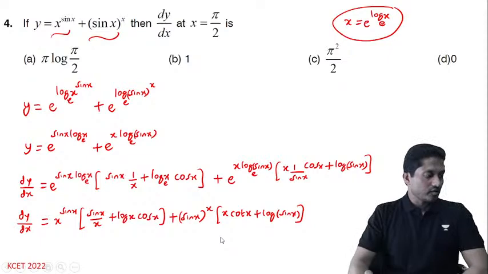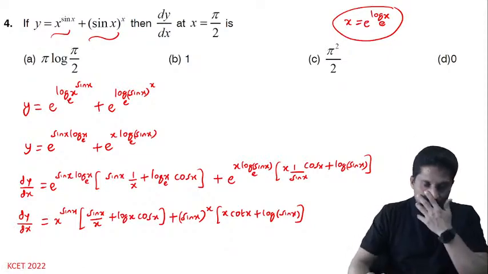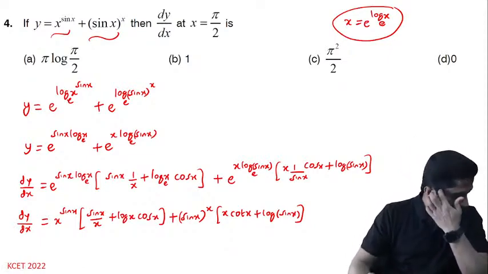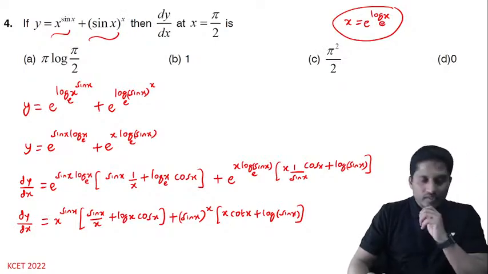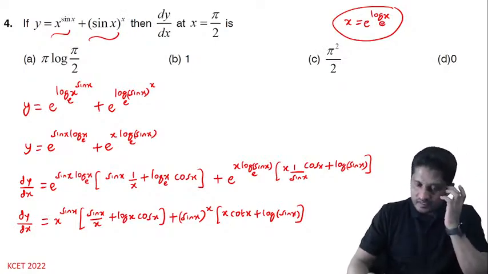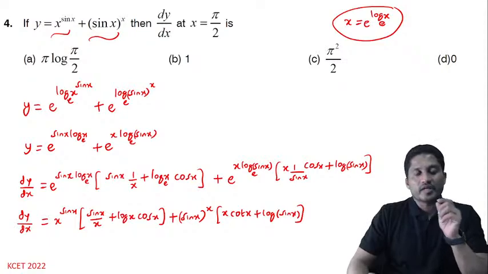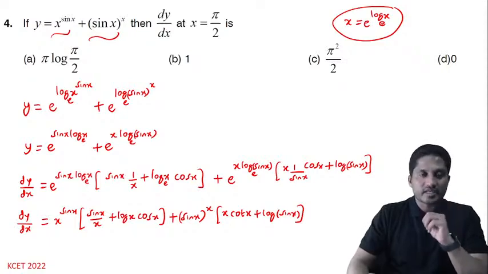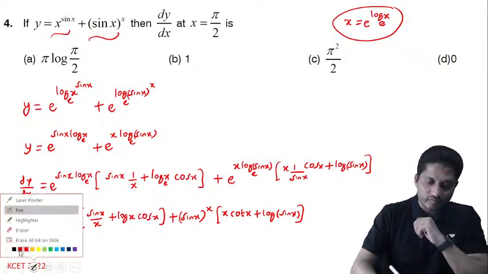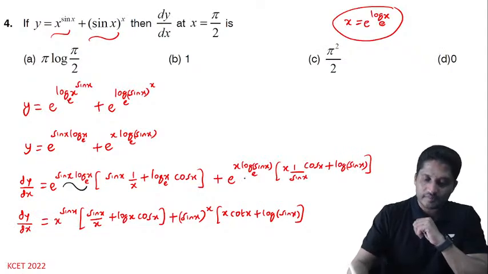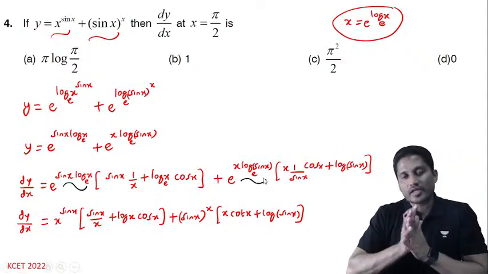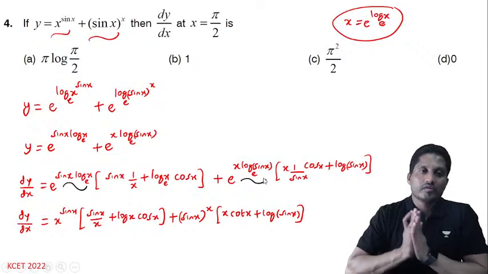Alright, now if I substitute, how do you differentiate, Manoj? e power sin x into log x is e power sin x into log x, and then you should use u into v, product rule here. Here also same. Is it okay, guys? I'm just using product rule.